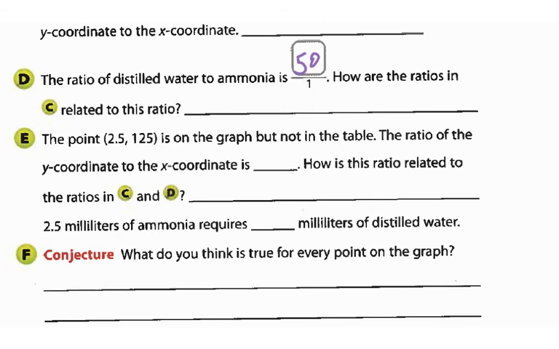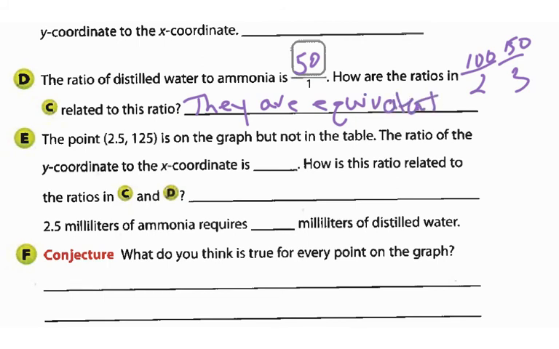Well, your ratios in C were 100 over 2, and then 150 over 3, and so they are all equivalent. If we reduced all of those ratios, we would end up with 50 over 1.